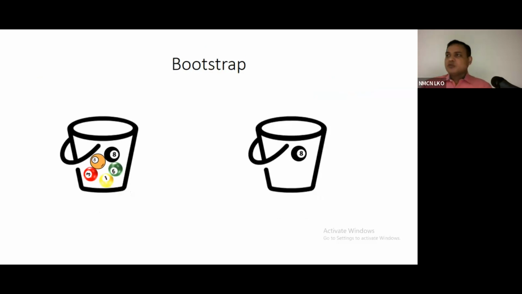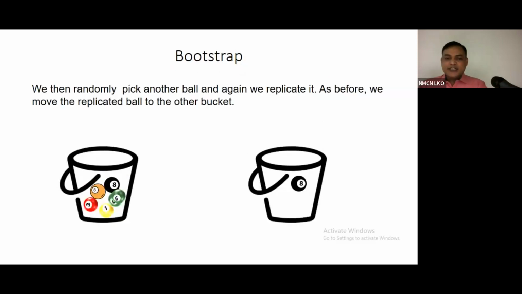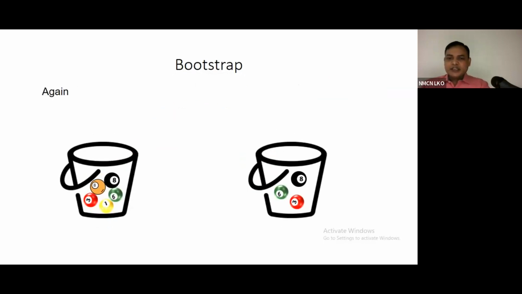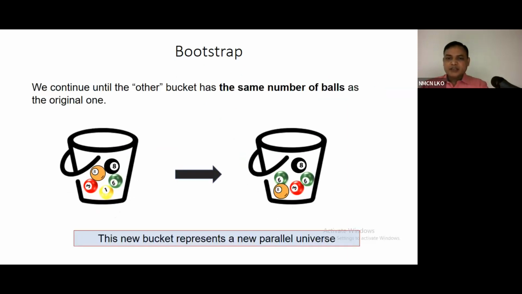Then again we pick another sample, replicate it, and put it in the other bucket. By repeating this process again and again, we can generate a parallel sample of the same size. So now in the other bucket, we have generated a parallel sample as per our original sample.